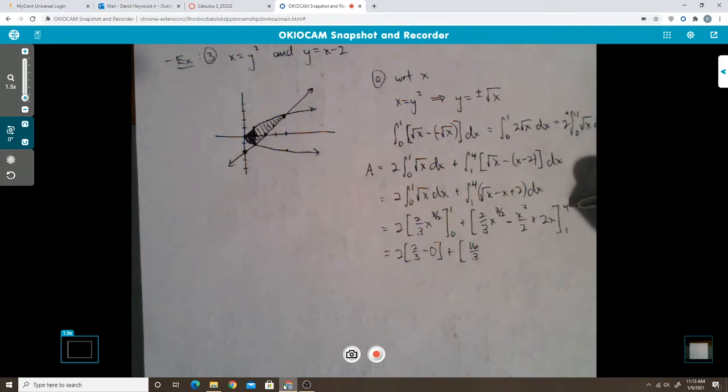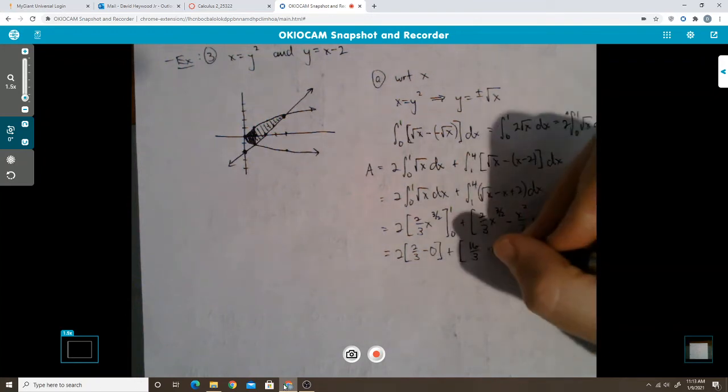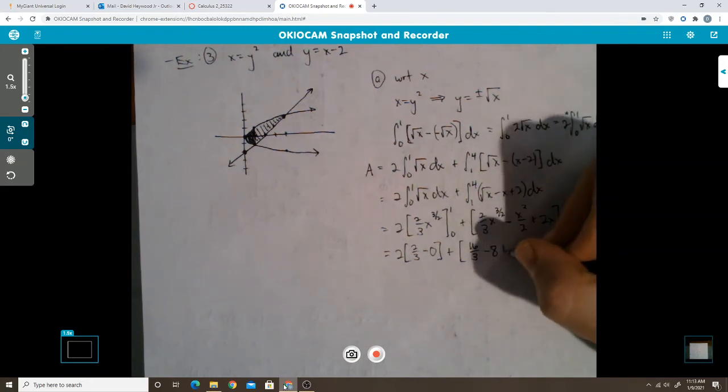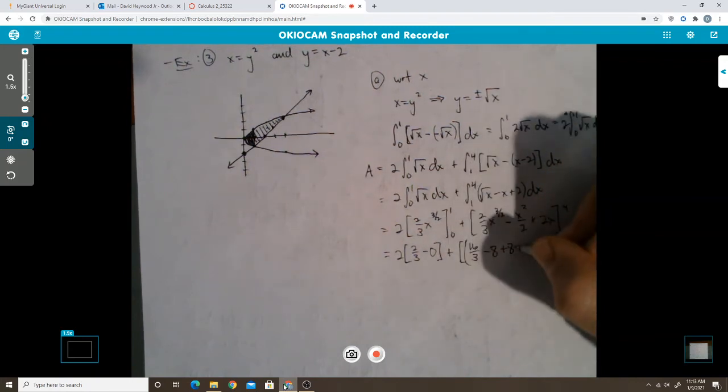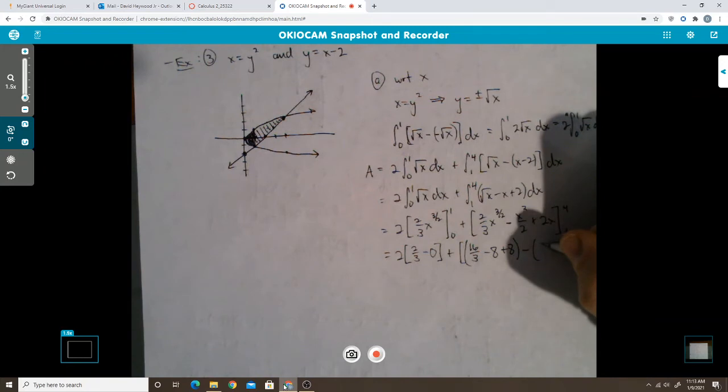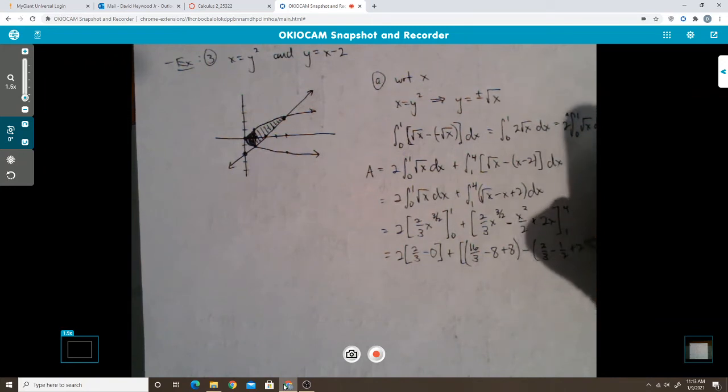Then 4 squared is 16, 16 divided by 2 is 8, so minus 8. Plugging in 4 here, we get 2 times 4, which is another 8, so plus 8. Minus, when we plug in 1, we get 2/3, negative 1/2, and 2.